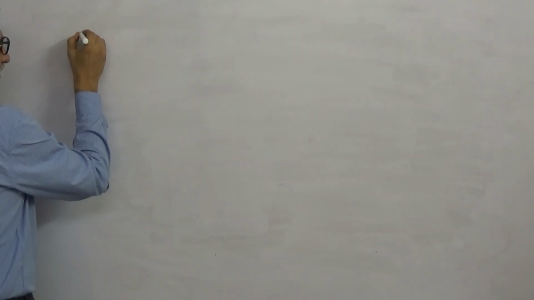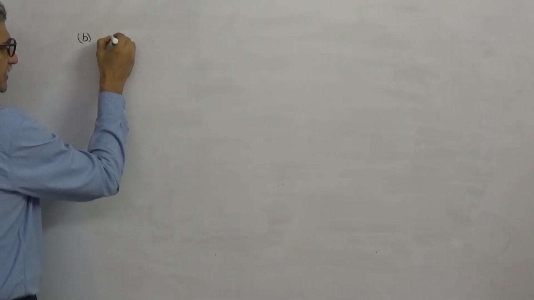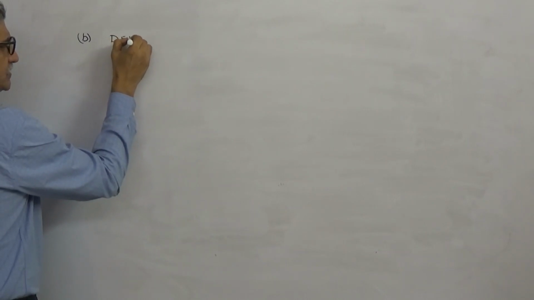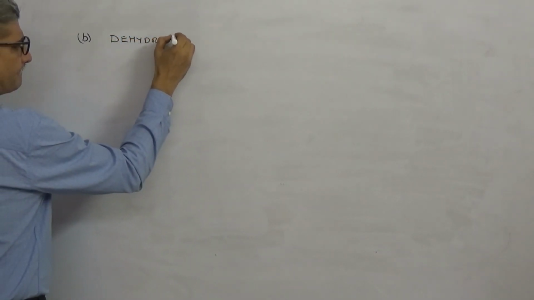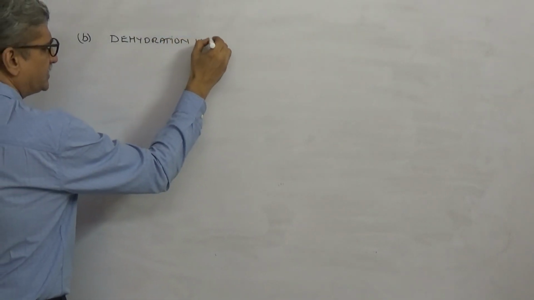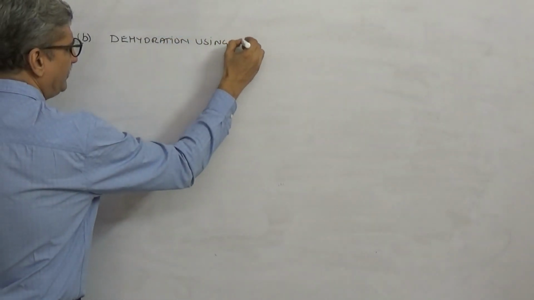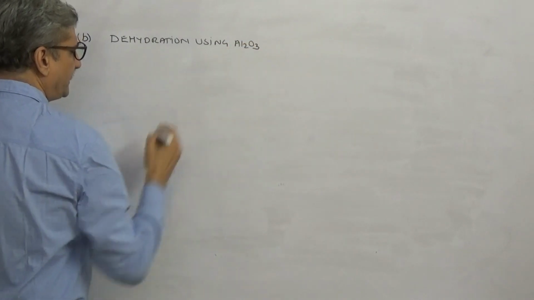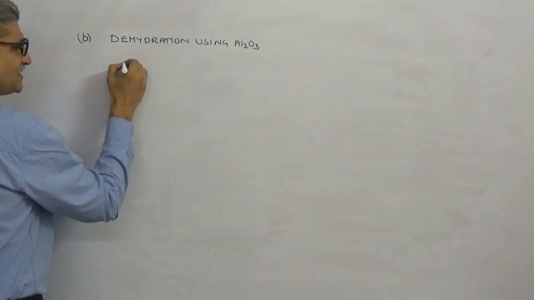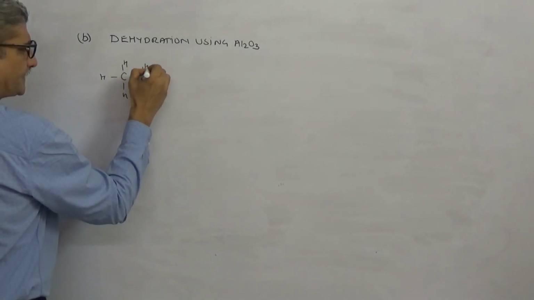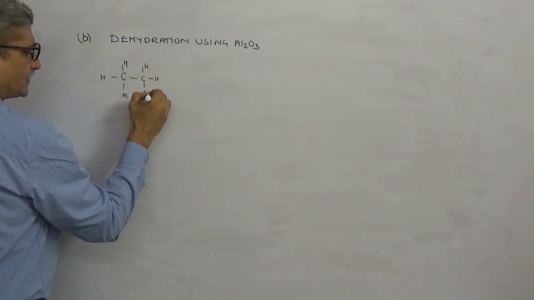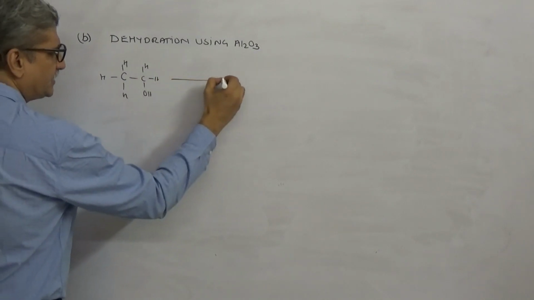Second method of preparation will be from alcohol, dehydration using alumina, that is Al2O3. Suppose I'll take the simplest reaction, CH3CH2OH. Again it's a beta elimination.